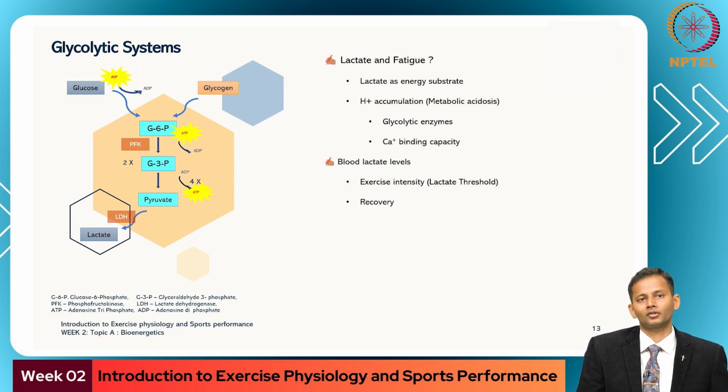That's a good indicator for designing an exercise training program, and also for knowing the performance level among athletes within a group. Also, blood lactate can be used as an indicator to identify the recovery status.